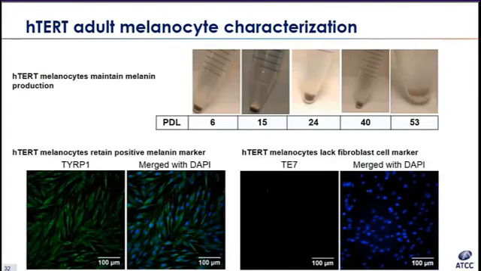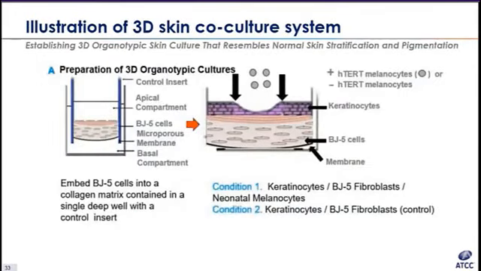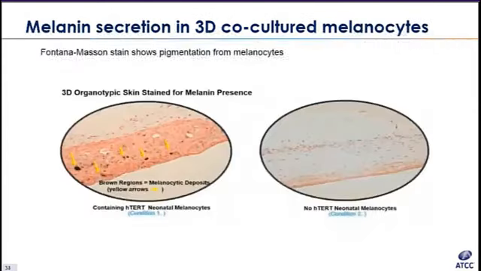With the addition of melanocytes to the portfolio, we could now establish a 3D organotypic model comprised of hTERT dermal fibroblasts, keratinocytes, and melanocytes. This model was constructed using our neonatal melanocytes, and the model was constructed as previously described. Two models were created.